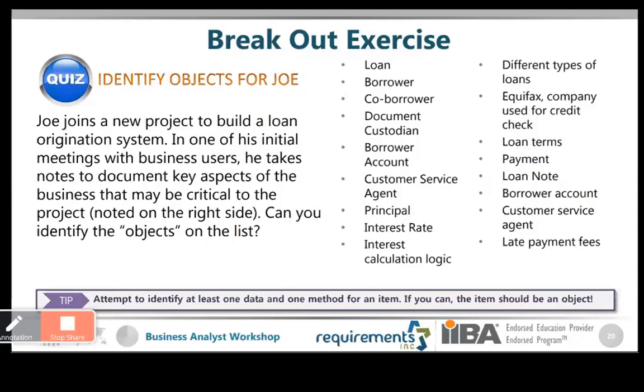Borrower account, you said yes. What about customer service agent? I would say yes now based on what you said about document custodian. Okay. Now principal. We're questioning. Which way are you questioning? Are you saying it's probably an object, probably not an object?